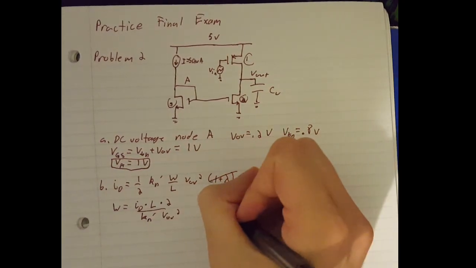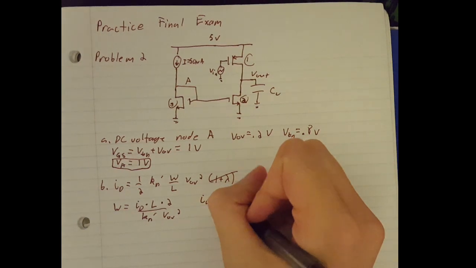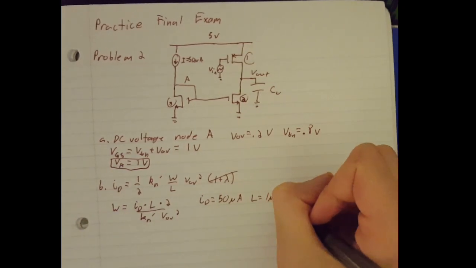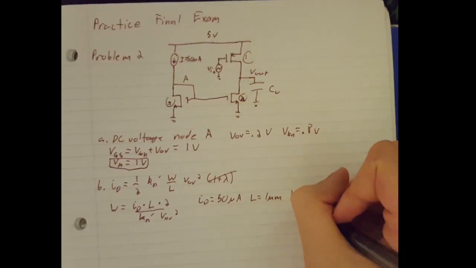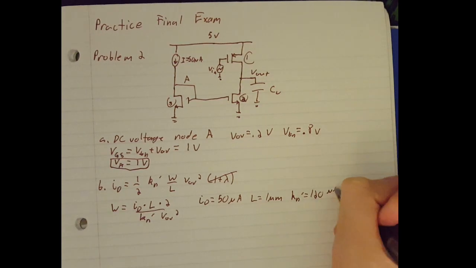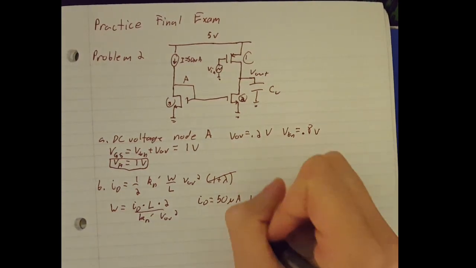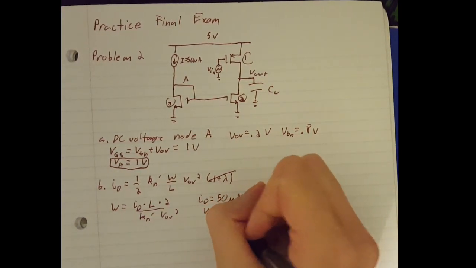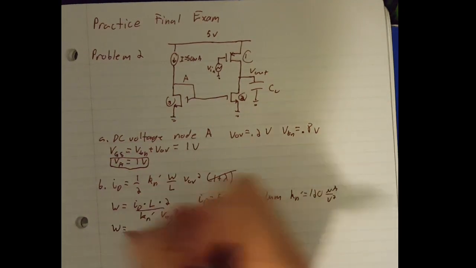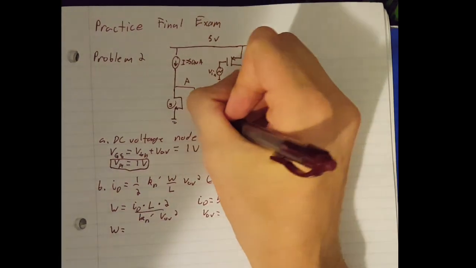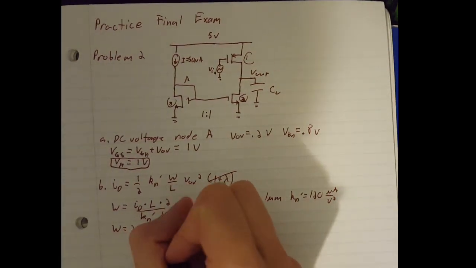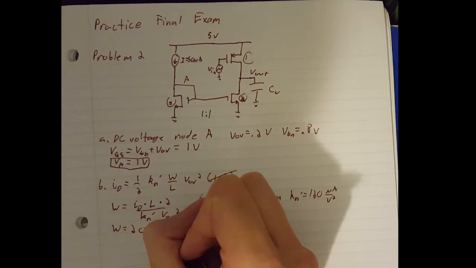We know that ID equals 50 microamps. L equals 1 micrometer. Kn prime equals 120 microamps per volt squared, and V over equals 0.2 squared. So that gives us W of 20.8 micrometers.